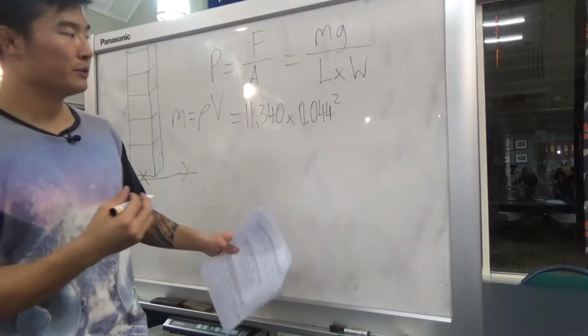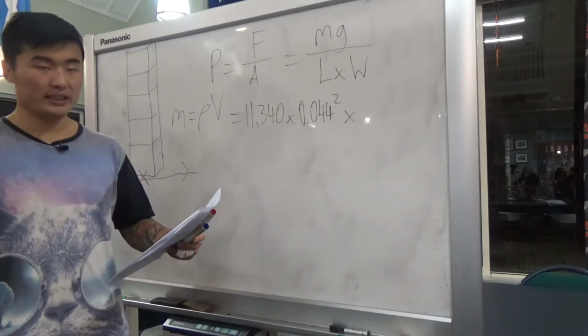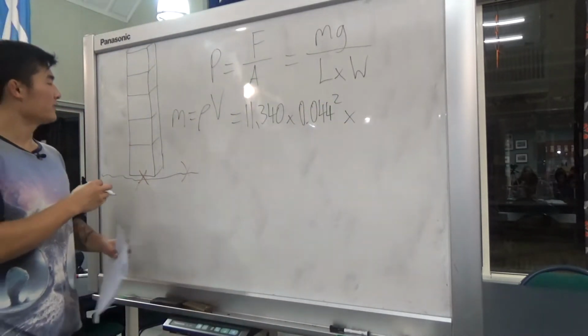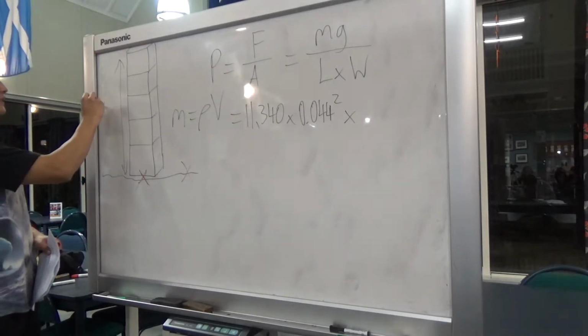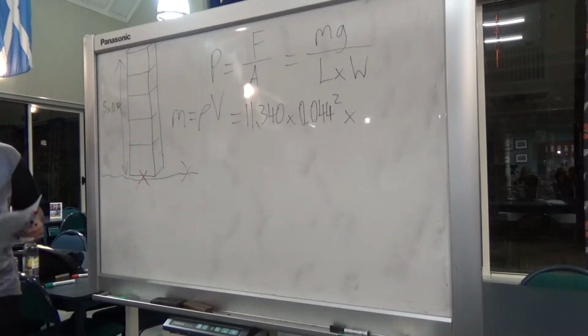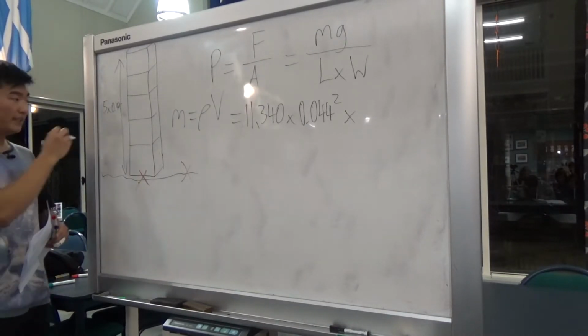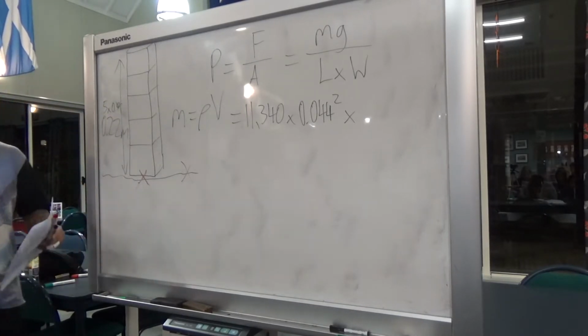Okay, so that's length times width. And then now the height will be 0.044 times 5, because there's 5 stacked up high. So that'll be 0.22 meters, the height.